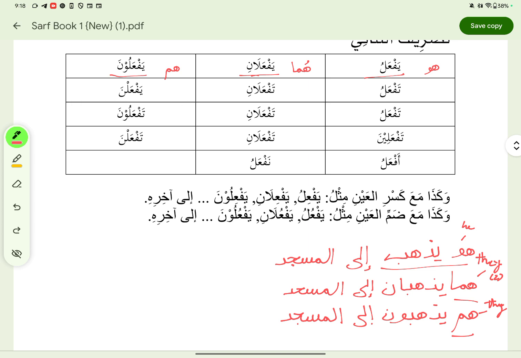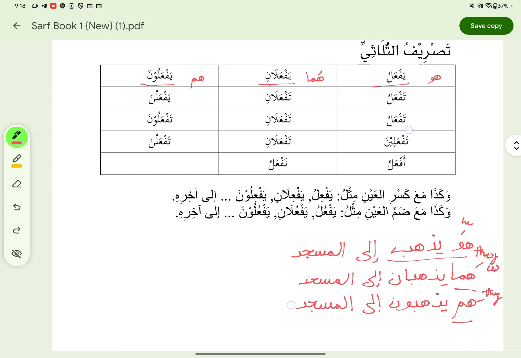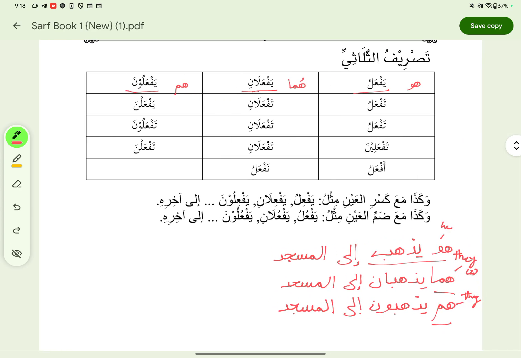So if I say huwa yadhhabu ila al-masjid, huma yadhhabani ila al-masjid, hum yadhhabuna ila al-masjid, all of these are different forms of the word dhahaba. Afterwards, we're going to try using the female version of it now.